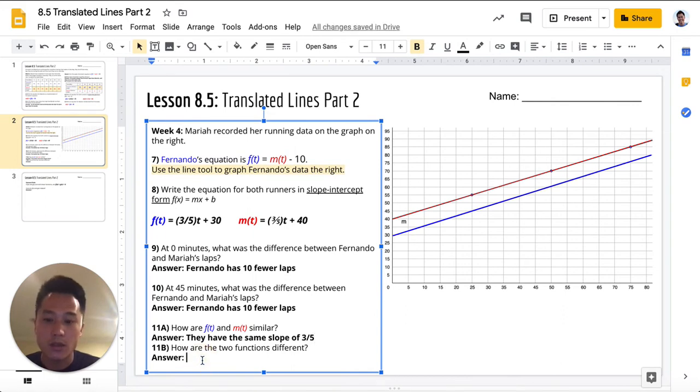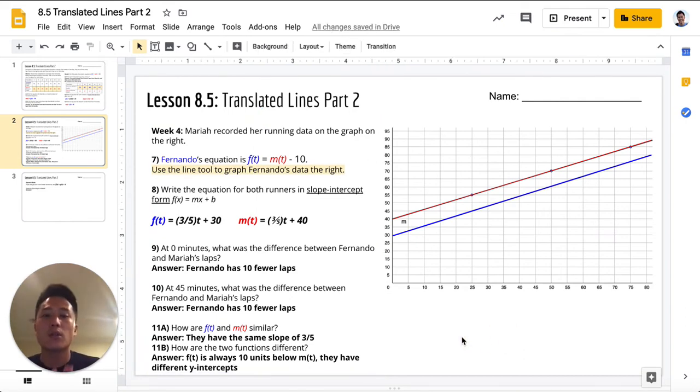How are they different? F of t is always 10 units below M of t. Fernando is always 10 units below. I can also say they have different y-intercepts. So same slopes, but different y-intercepts.